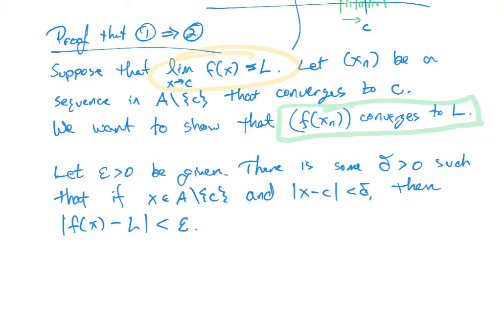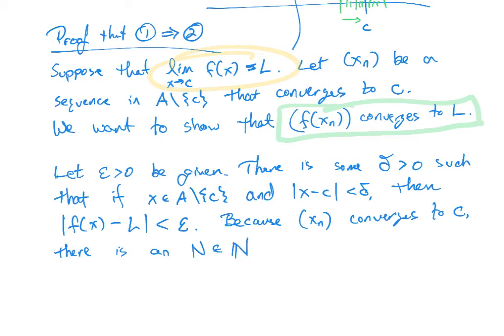Now, what we really want is to show that the sequence of function values f of xn converges to L. Well, we know that the xn's are getting close to C. So, because the sequence xn converges to C, there is an N in the naturals such that, what do we want these points to do?